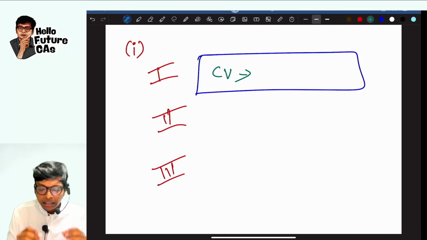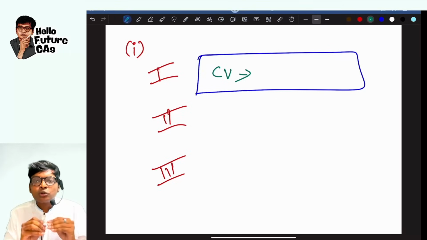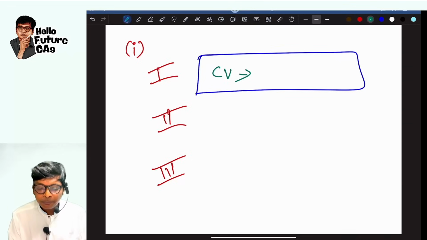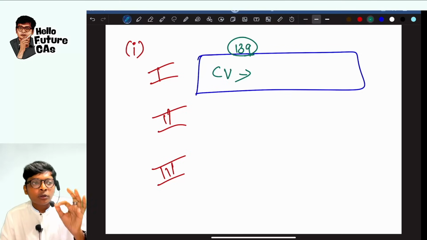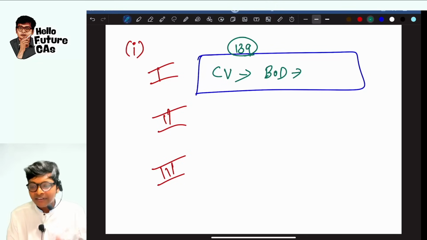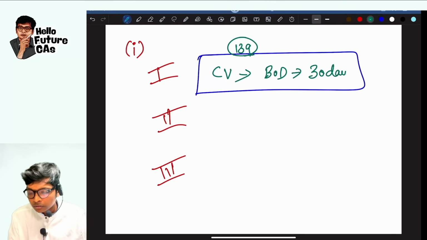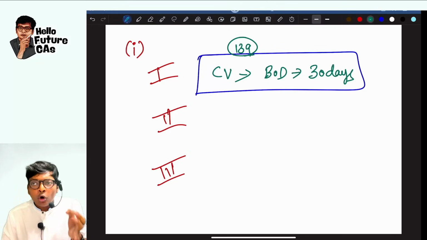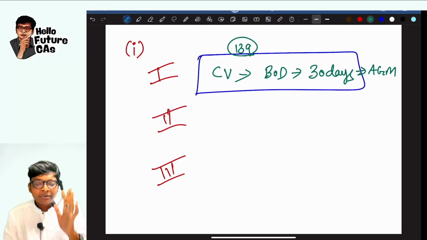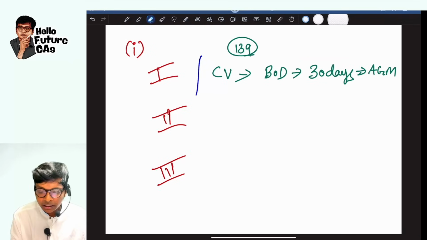I will write in case there is a casual vacancy. Don't write death and all. Don't write the party's name. As per section 139, in case of a casual vacancy, the board of directors will fill the vacancy within 30 days, and that person will hold the office till the conclusion of the next AGM. Correct? This is what we learn, guys. Yes or no, guys?